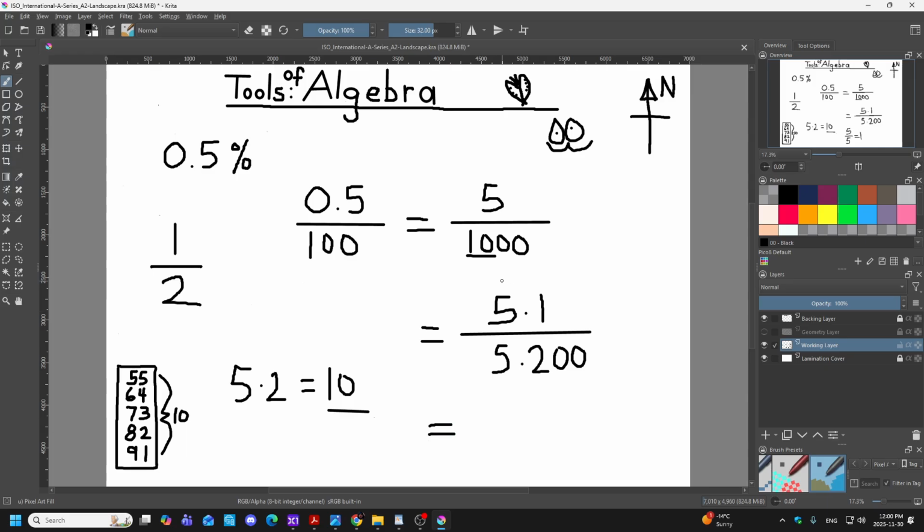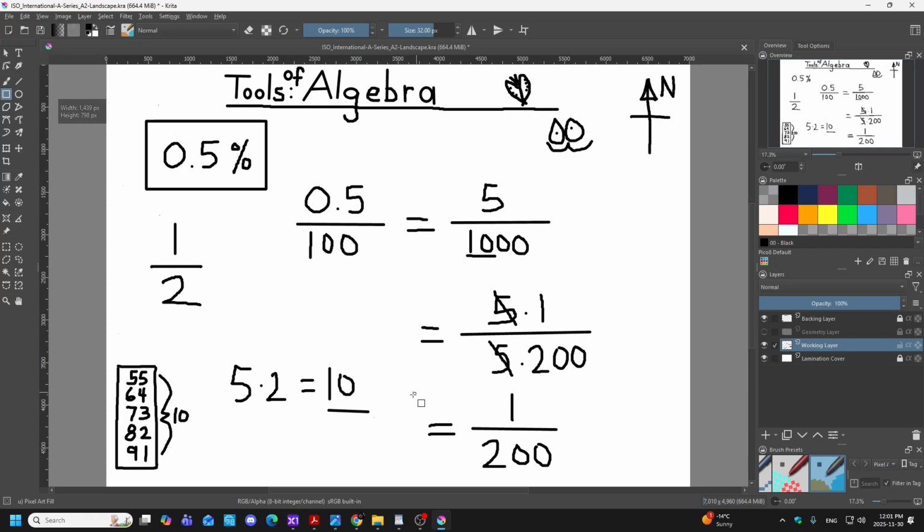So what are we left with? We're left with 1 over 200. And there is 0.5% in fraction form.